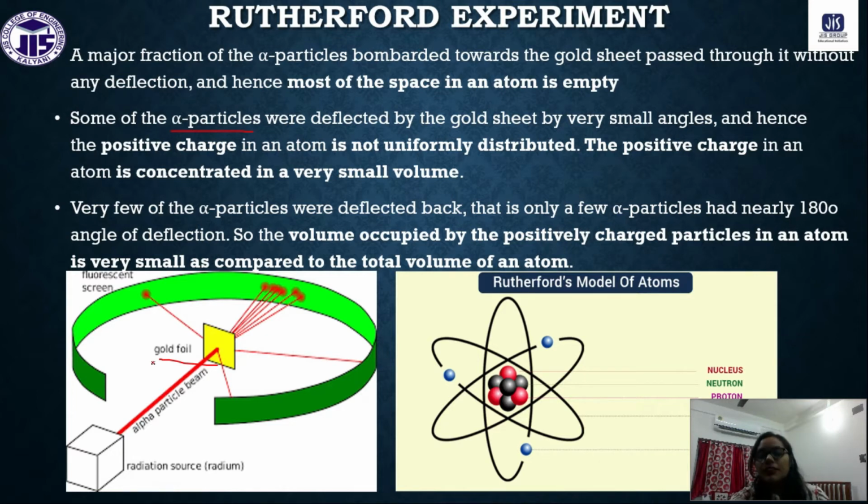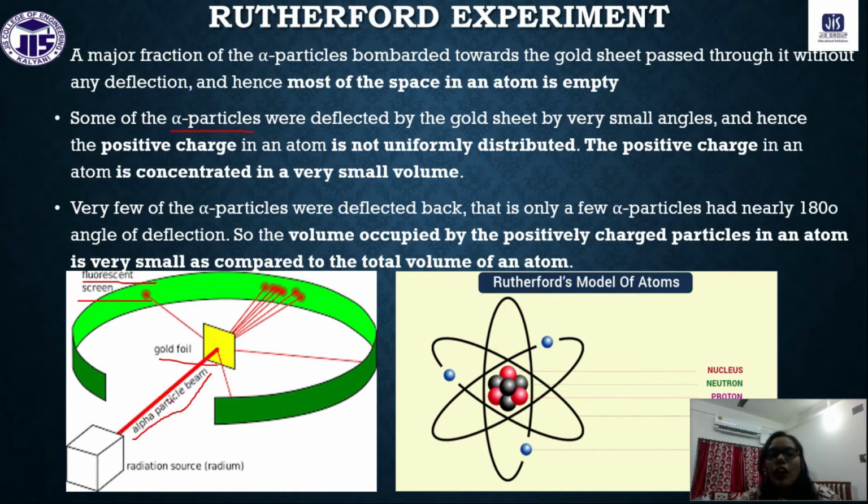The material of that thin foil is gold, and it is bombarded by the alpha particles. He used this fluorescent screen so that he could understand, when the alpha particles hit the gold foil, what the deflection of the alpha particles would be and how they interact with the gold foil. For that he used this fluorescent screen.